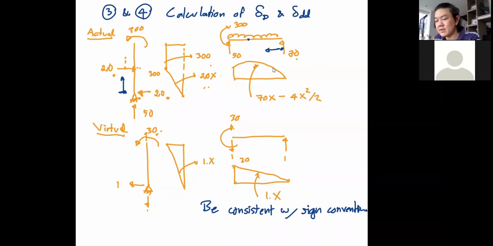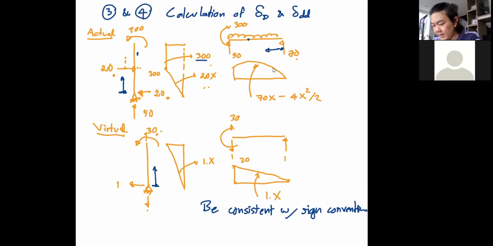You can see that because we have the constant moment on the actual part in the second section, that makes our life a lot easier, because I can also begin my integration from here.